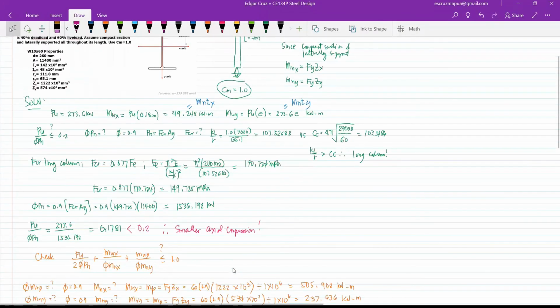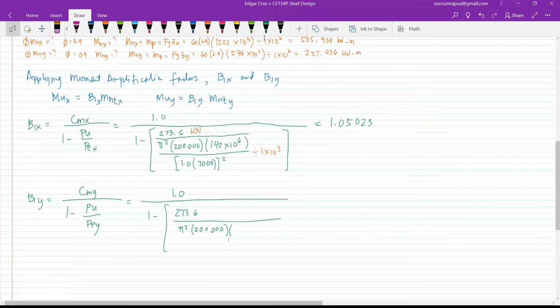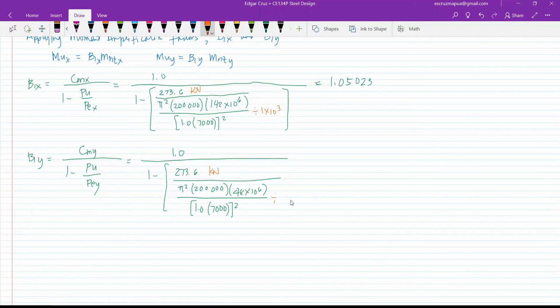The IY is 48 million. 48 times 10 to the 6, divided by effective length square. Hinge 1.0, length 7 meters square. Okay, so again, since the PU is in terms of kilonewton, so divide natin siya ng 1,000 para siya maging kilonewton din yung nasa ilalim.